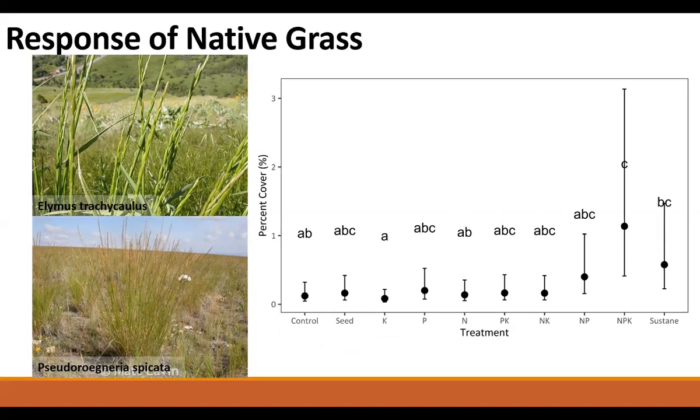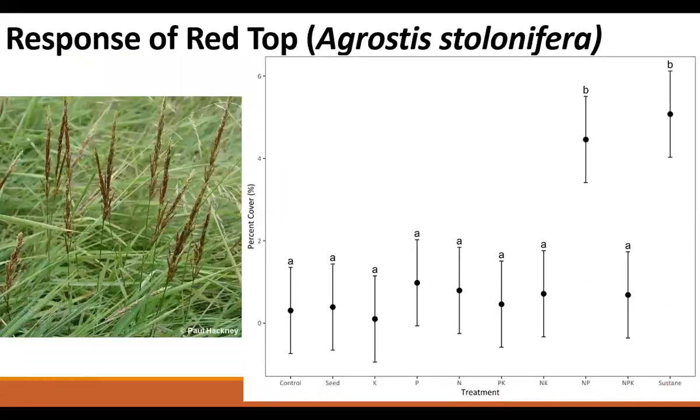So this is very interesting to me. The bulk of the cover we got out of the NPK was actually native, whereas the response of redtop to NP and sustain was pretty much the whole of that original. Oh, this is just fascinating.